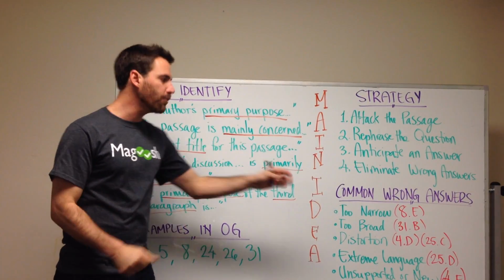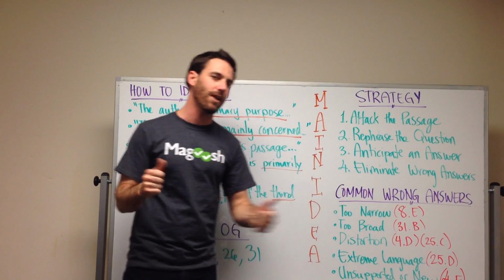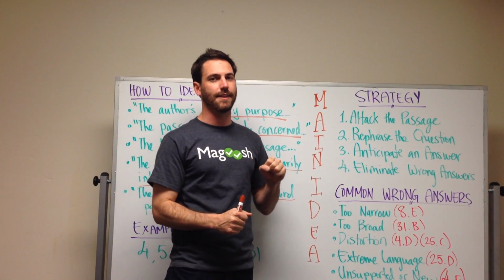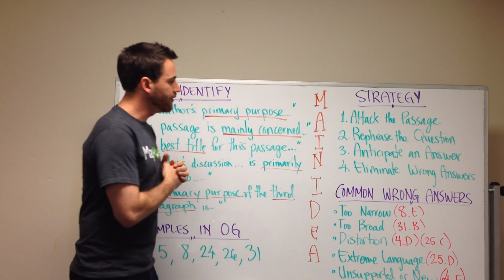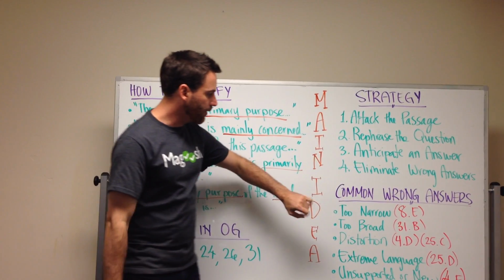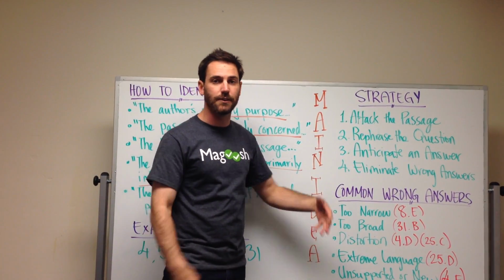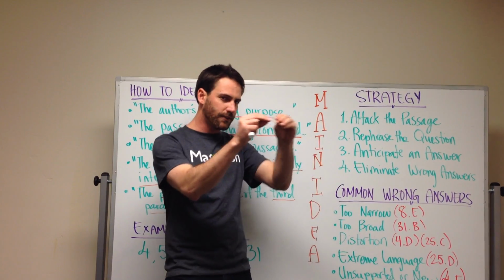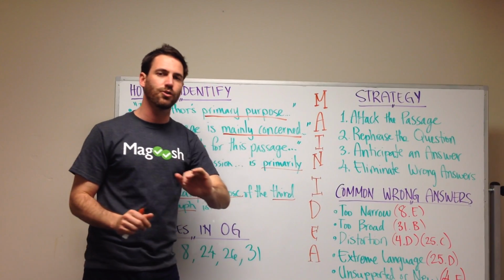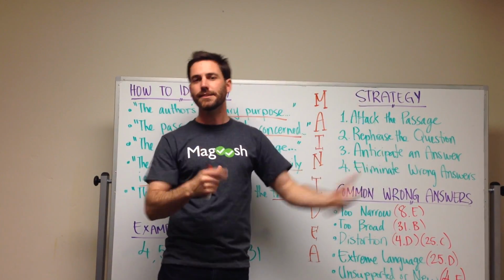The last important thing to know are the common wrong answer choices. So with every question type, there are particular common wrong answers that the test makers put in there. So for main idea questions, we have two fairly similar ones, too narrow and too broad. So these are answer choices that either focus on a particular point in the passage. Oftentimes they like to choose something in the final paragraph of the passage and say, oh, this is the main idea.